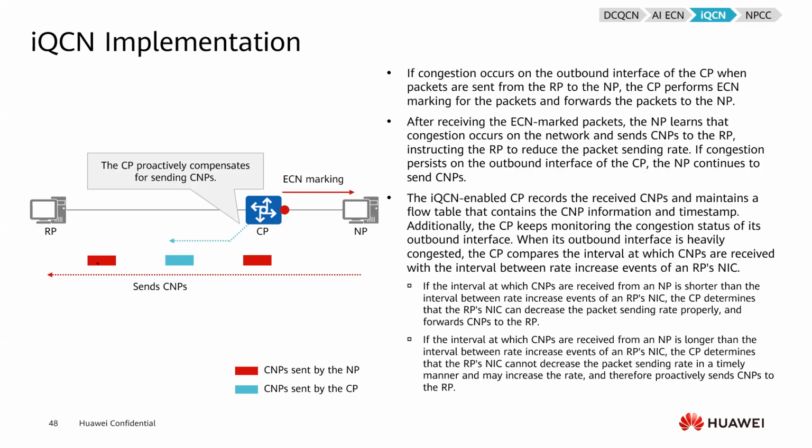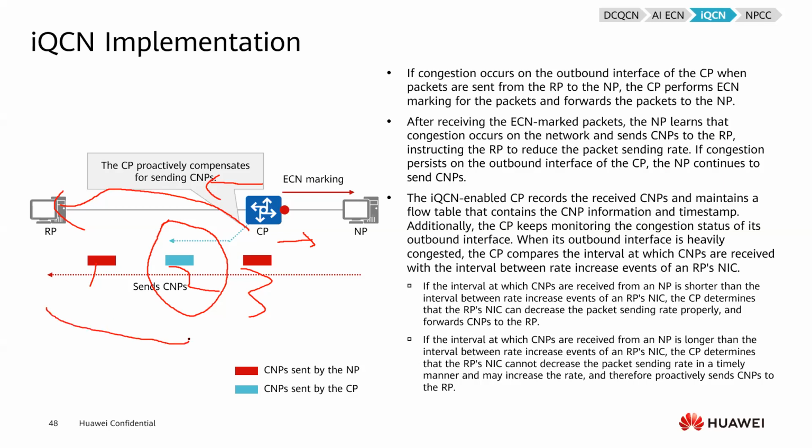We can see here we have 3 CNP packets, 1, 2, 3. But the second CNP packet is sent by CP. The CP just stands in for the NP device and sends the CNP.